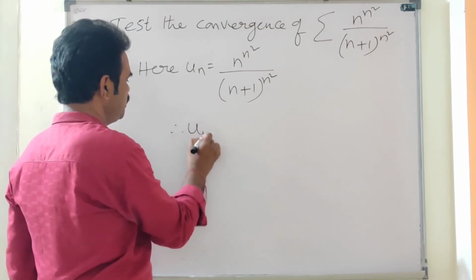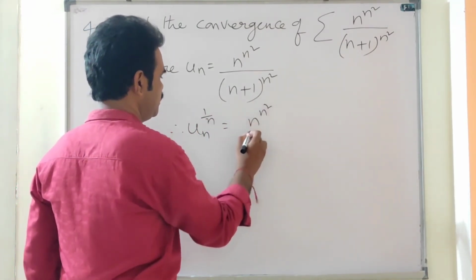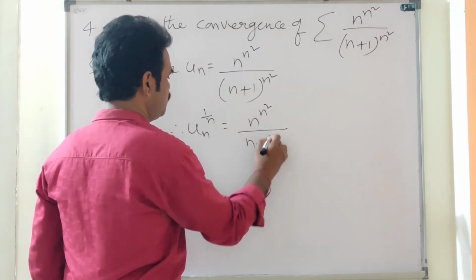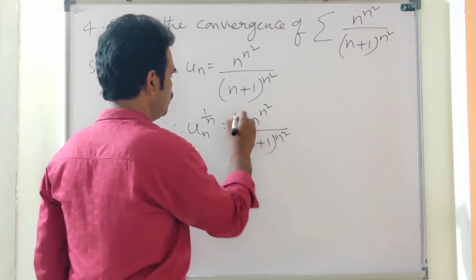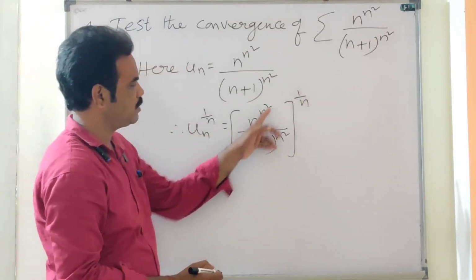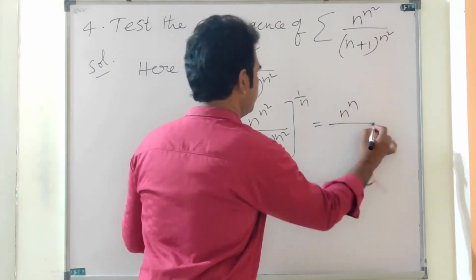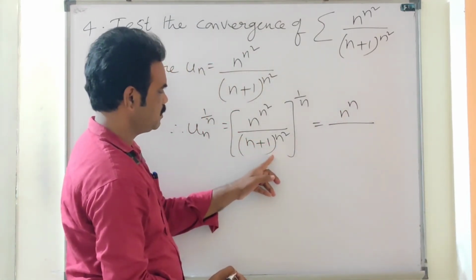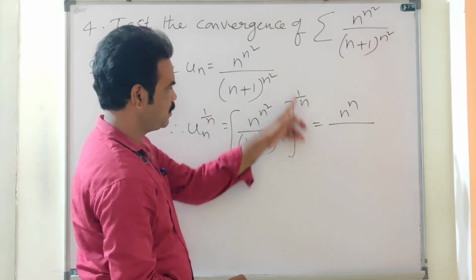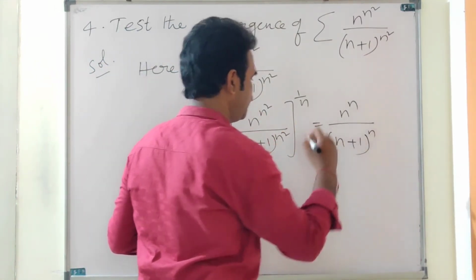Therefore, un power 1 by n is equal to (n power n square by (n plus 1) whole power n square) whole power 1 by n. That means (n power n by (n plus 1)) whole power n, that is, (n by (n plus 1)) whole power n.